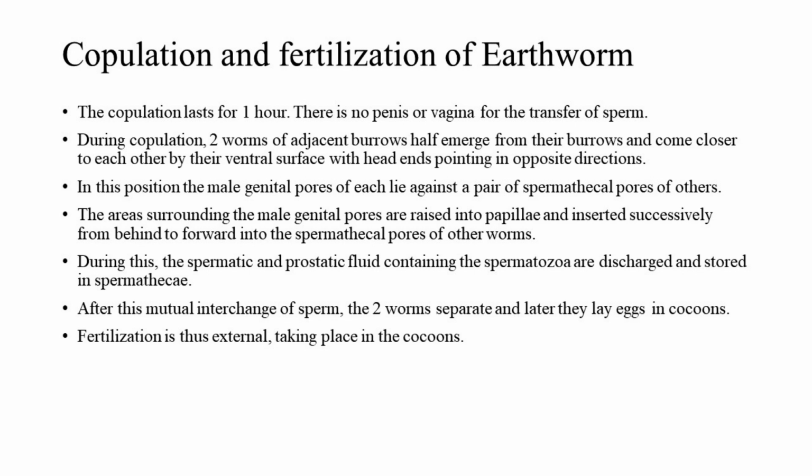During this, the spermatic and prostatic fluid containing the spermatozoa are discharged and stored in spermathecae. After this mutual interchange of sperm, the 2 worms separate and later they lay eggs in cocoons. Fertilization is thus external, taking place in the cocoons.